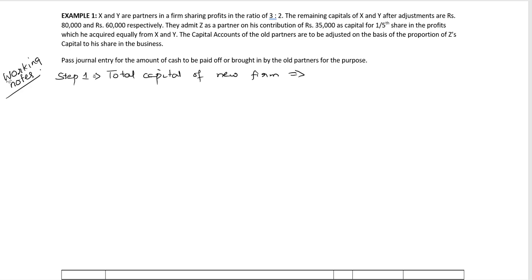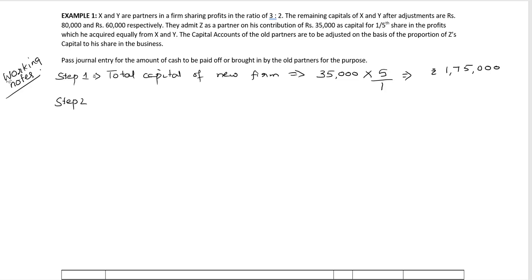For this, we need to take the incoming partner's capital, which is rupees 35,000, and multiply it by the reciprocal of the incoming partner's share in profits. Z's share in profits is 1/5, so I'll multiply it with the reciprocal, which is 5 divided by 1. So the total capital of the new firm is rupees 1,75,000.